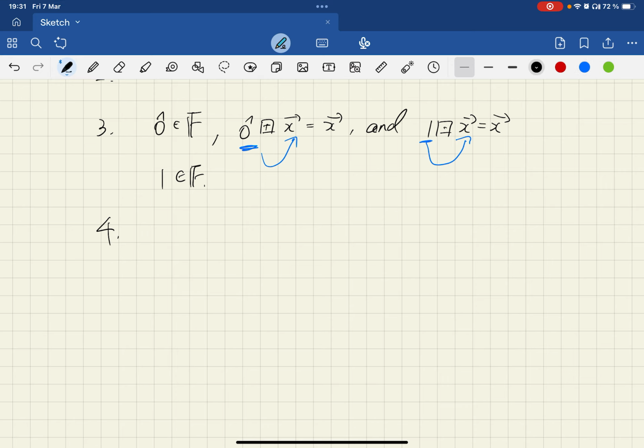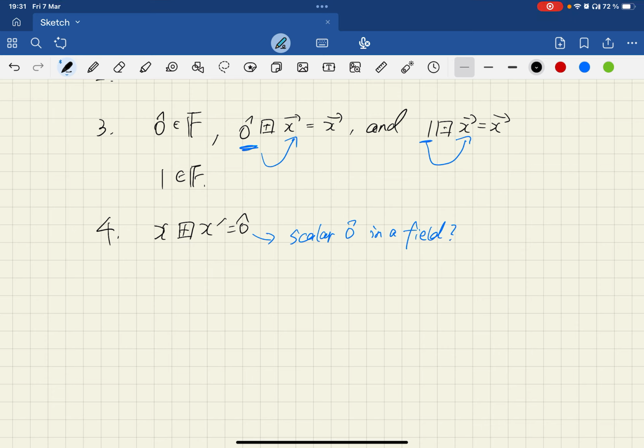And 4 is there's an additive inverse x prime such that x plus x prime equals 0. So you may ask why we define x prime like this, because there's not always a scalar zero in a field.